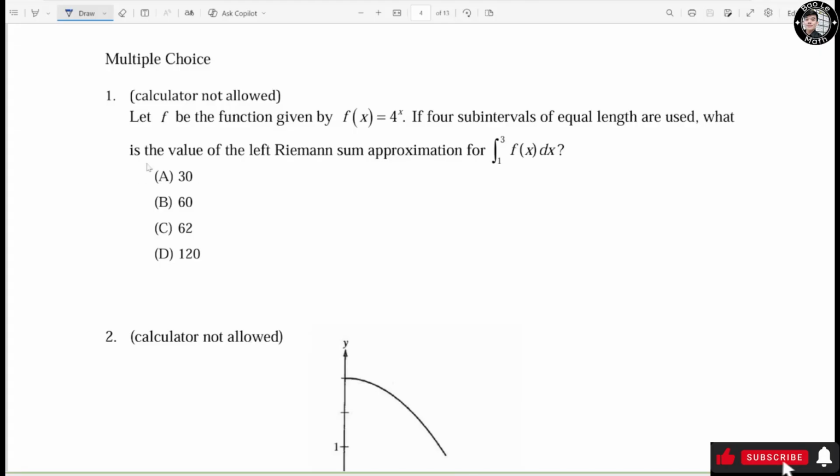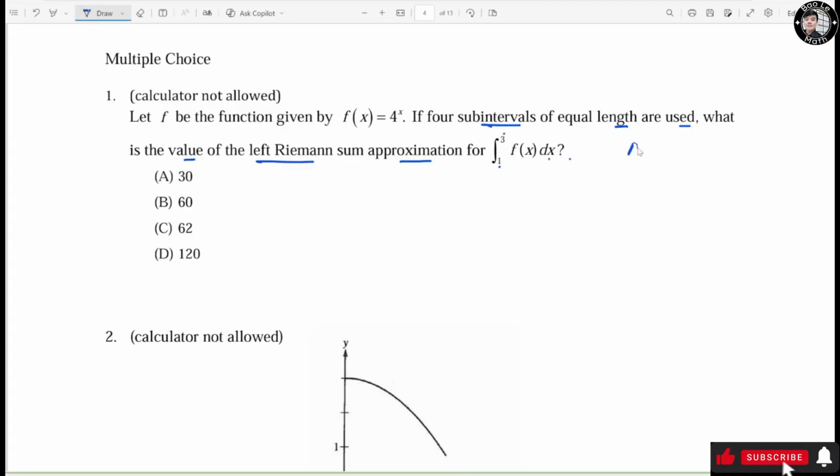Now let's move on to question 1. Let f be the function given by f(x) equals 4 to the x. If 4 subintervals of equal length are used, what is the value of the left Riemann sum approximation for the integral from 1 to 3 of f(x) dx?